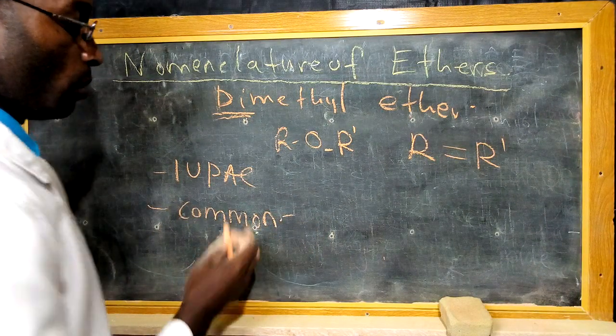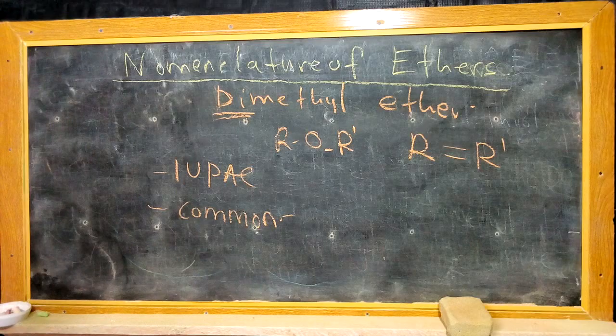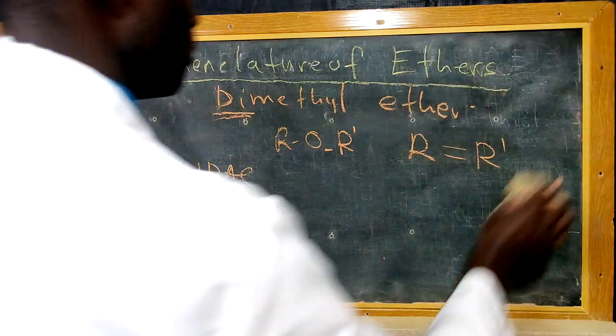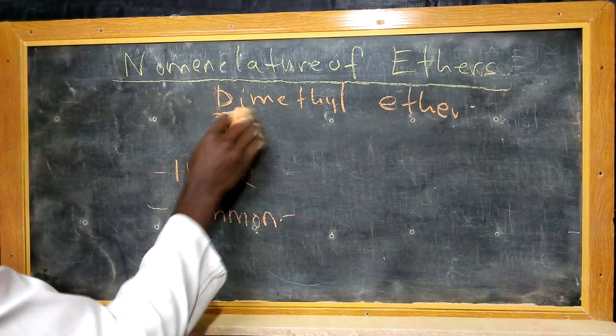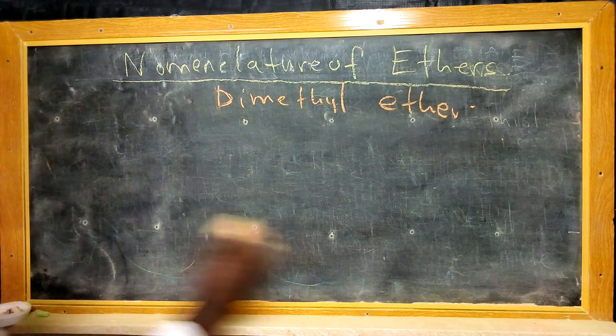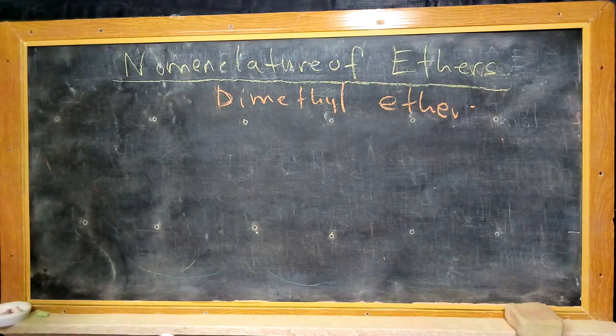Some common names are generally accepted by the naming system, or by a community of scientists, and can be used besides the IUPAC naming system. For ethers, these names are accepted. Let's look at one example to give us the general format for naming this class of organic compounds.